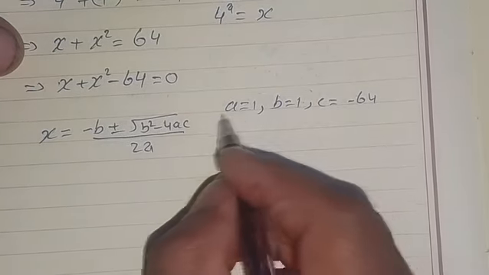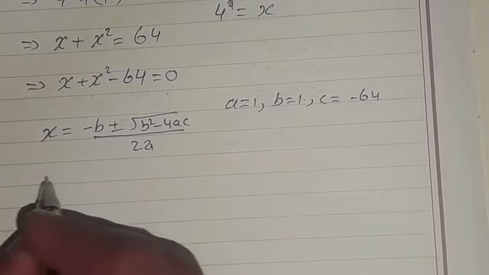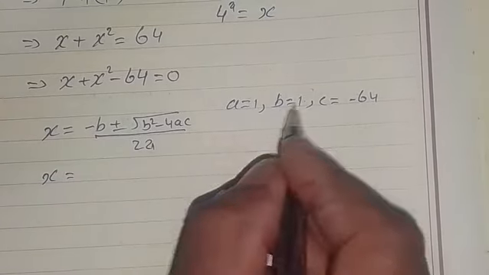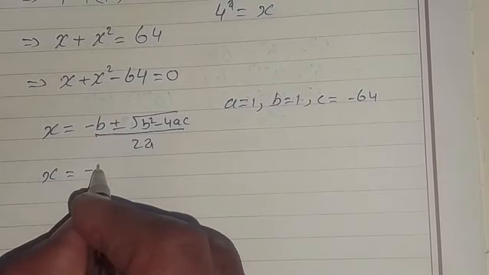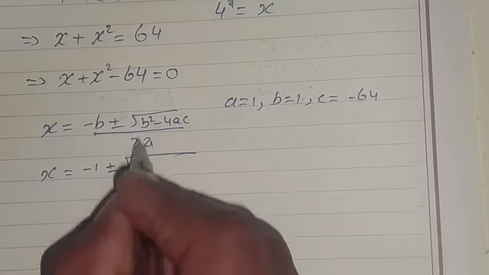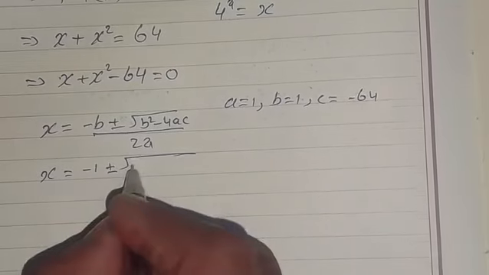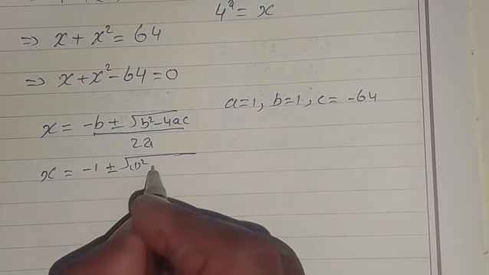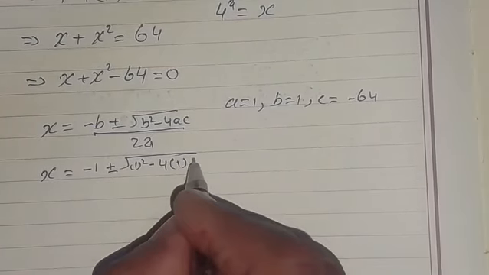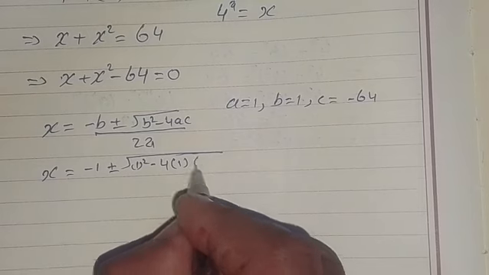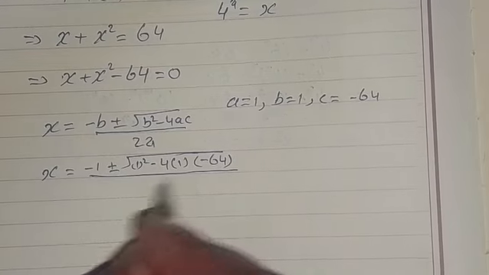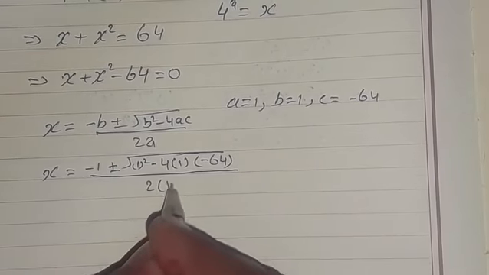Now put the values of a, b and c here, so they give us x = (-1 ± √(1^2 - 4 × 1 × (-64))) / (2 × 1).